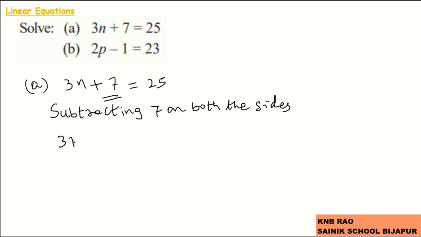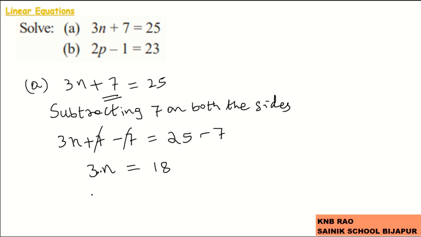gives the next step as 3n plus 7 minus 7 equals 25 minus 7, whereas on the left hand side this plus 7 and minus 7 will get cancelled and we will have only 3n left over, whereas on the right hand side 25 minus 7 after simplification gives us 18. Now, apart from the variable we have got 3 which is multiplying the variable.